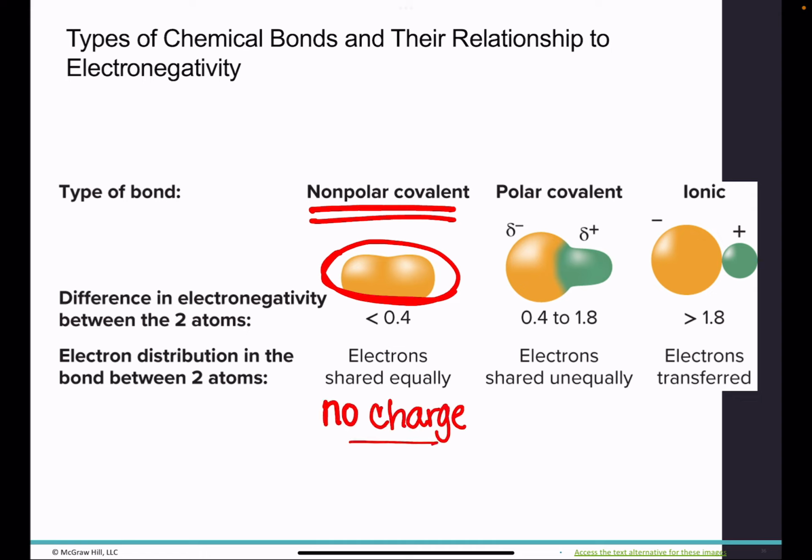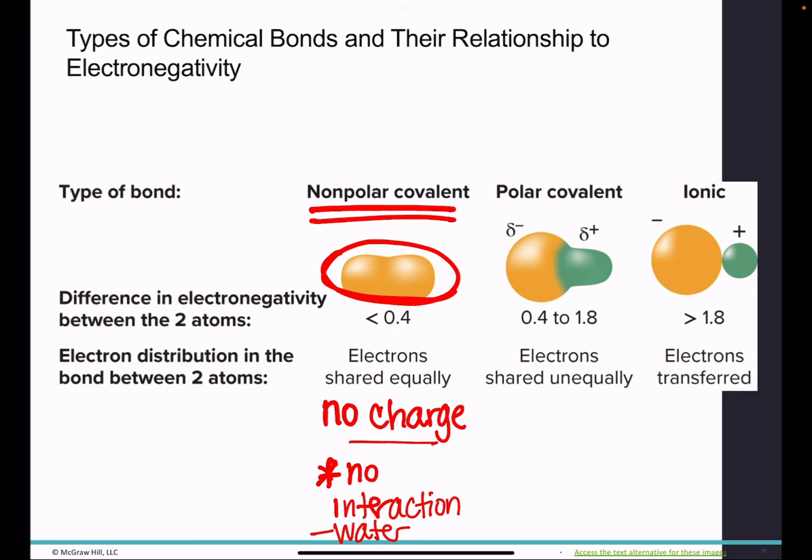around those nonpolar molecules. Now, this is going to be really important when we start talking about our biological molecules, because without that charge, there's going to be no interaction with our charged molecules, such as water. However, with the polar covalent and the ionic bonds, we have those charged regions.